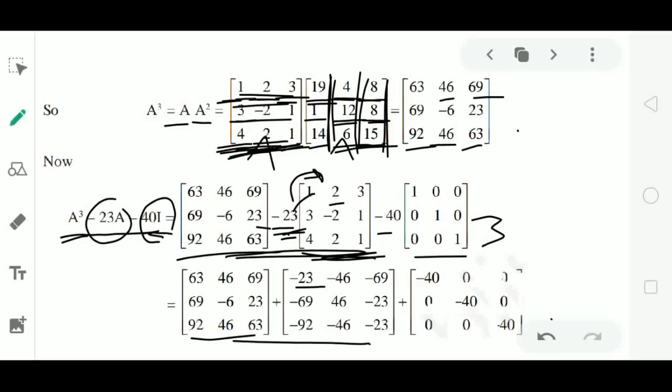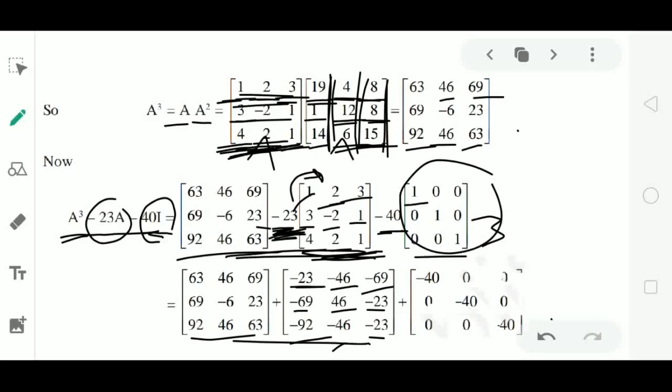So I am multiplying minus 23 into 1, minus 23, minus 23 into 2, minus 46, minus 23 into 3, minus 69, minus 23 into 3, minus 69, minus 23 into minus 2, 46, minus 23 into plus 1, minus 23, minus 23 into 4, minus 92, minus 23 into 2, minus 46, minus 23 into 1, minus 23.